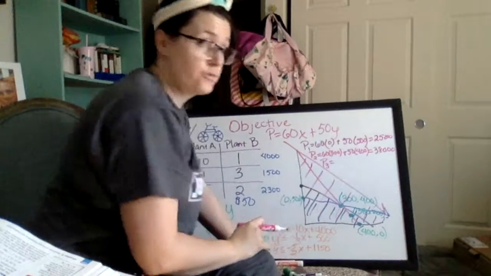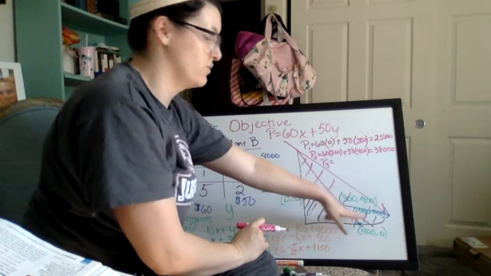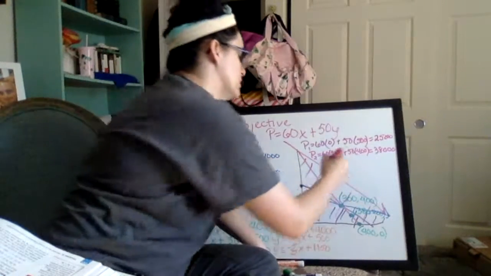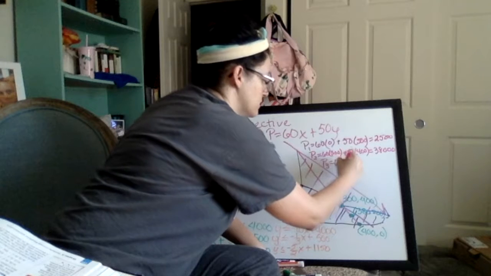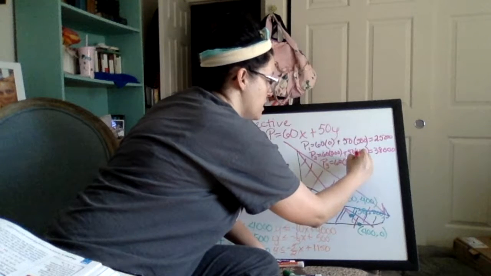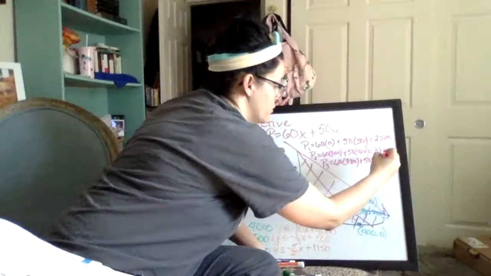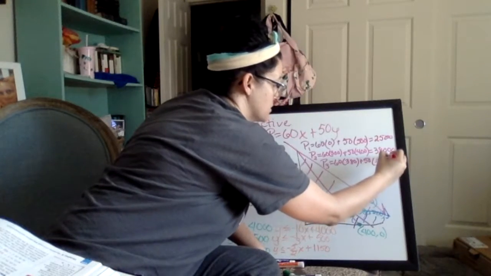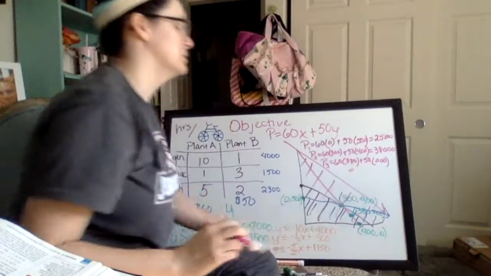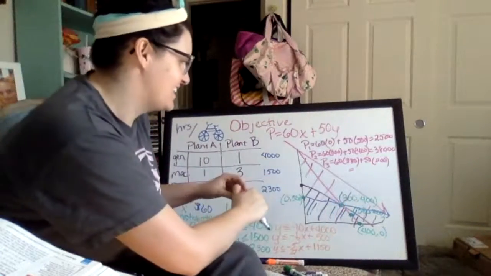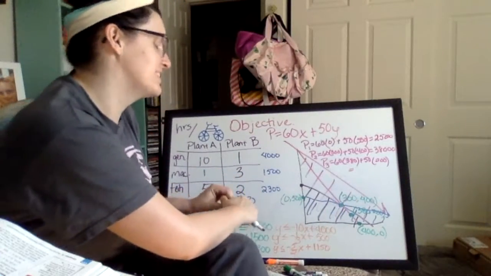Profit 3 is from right here, 380 and 200. So I have 60 times 380 plus 50 times 200. And that's going to equal, see, 6 times 38.